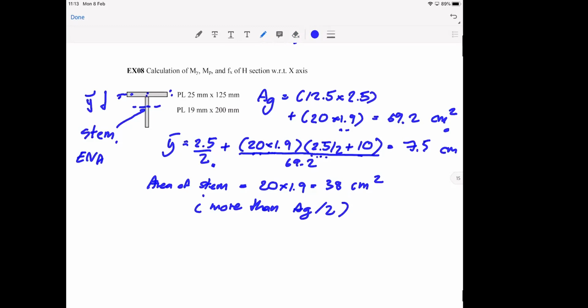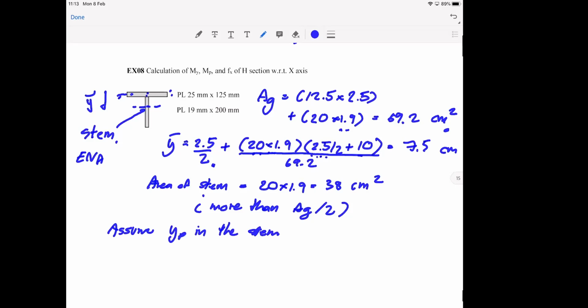So with this, you can assume that, let's call it Y_P, is in the stem.